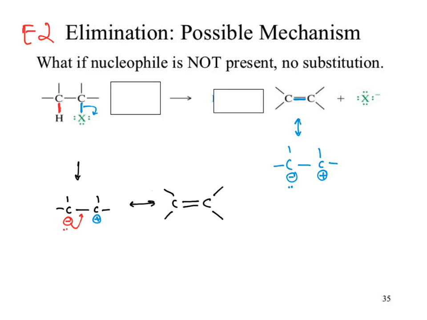Well, this means we have to go back and think about the arrows that we're allowed to show. We can go from a bond to an atom. We can go from an atom to a bond. We can also do bond to bond. I'll take the electrons from that carbon-hydrogen and I will immediately dump them into that proximal bond. The end result is I immediately jump straight to the formation of that pi bond.